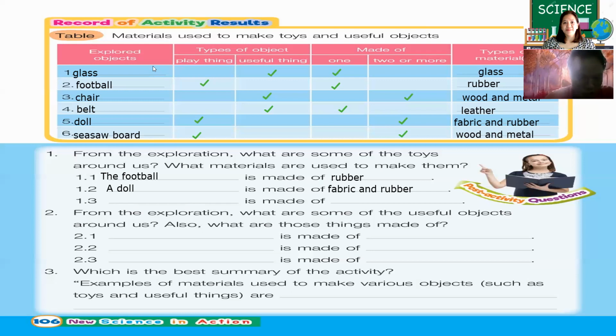Everyone, please write it now. Look at the slide and write it: wood and metal.